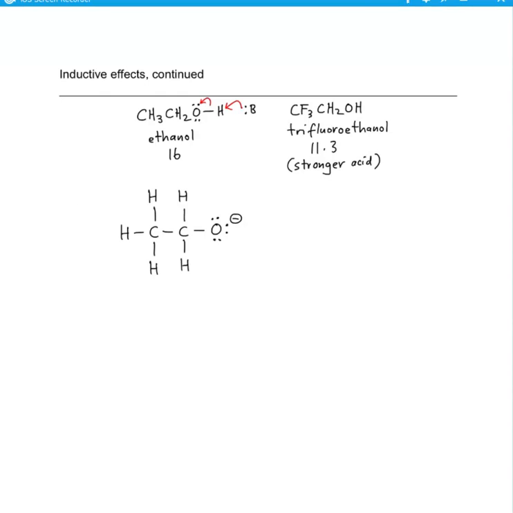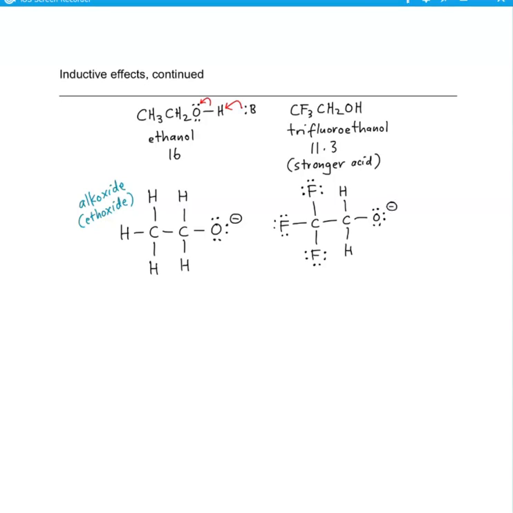This one is an alkoxide ion. And specifically, this one is ethoxide ion. Okay, so we have that guy, and now let's draw the conjugate base of trifluoroethanol.